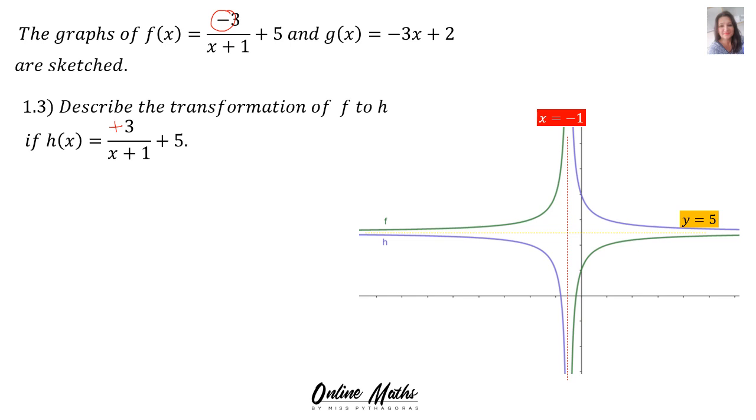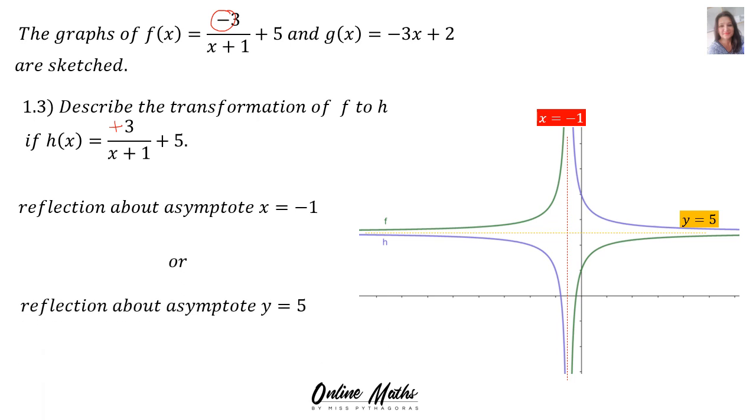And we need to explain what the transformation was. And then if you look at the sketch, it's very clear that there was a reflection about the asymptote x is equal to negative 1, or there was a reflection about the asymptote y is equal to 5.